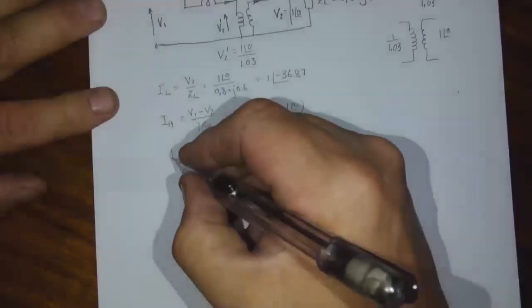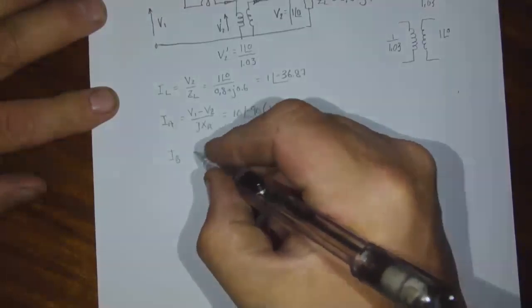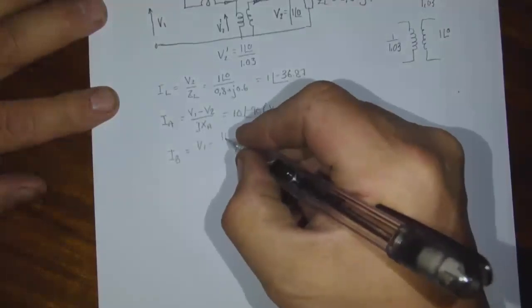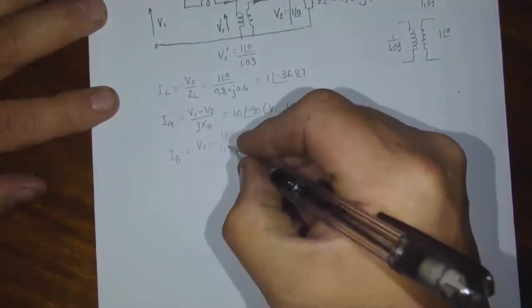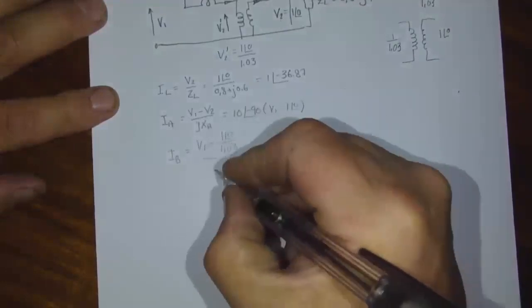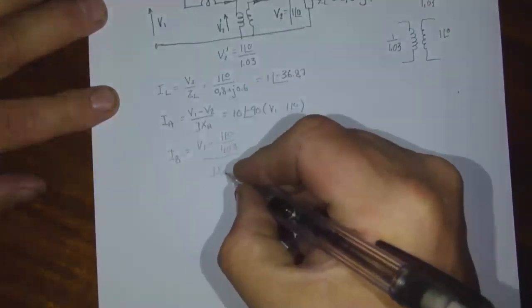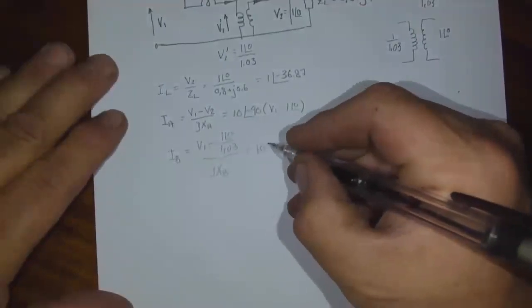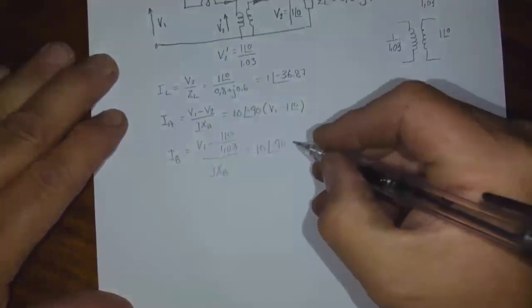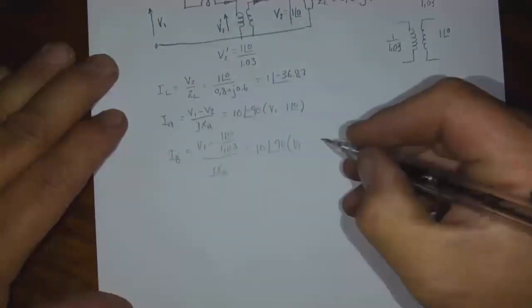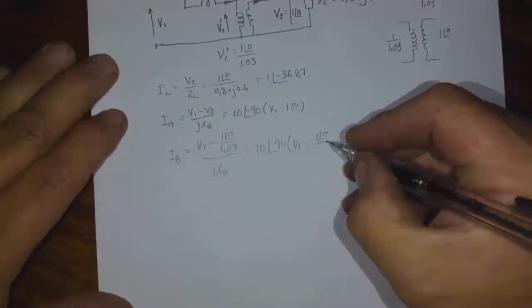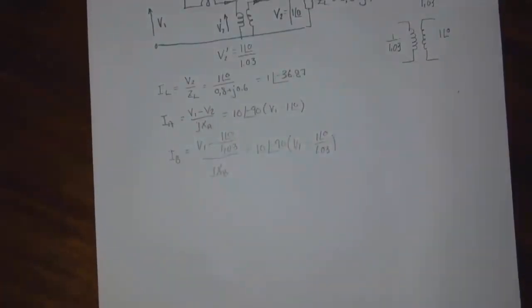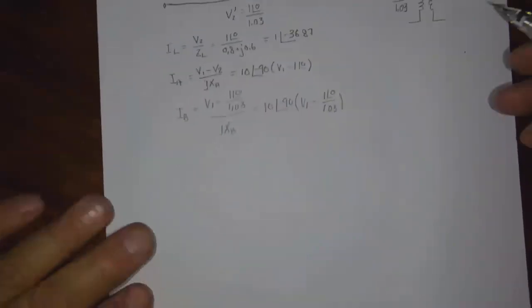Now, IB will be (V1 minus 1 ∠0) divided by 1.03, divided by jXB. So that will be 10 ∠-90 and (V1 minus 1). So IB dash.